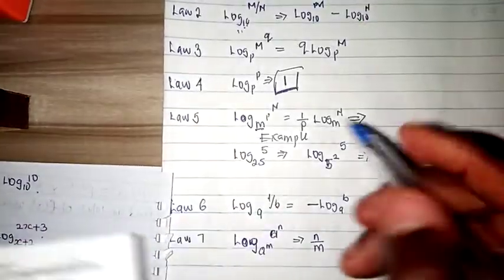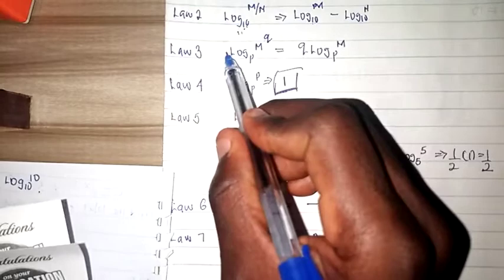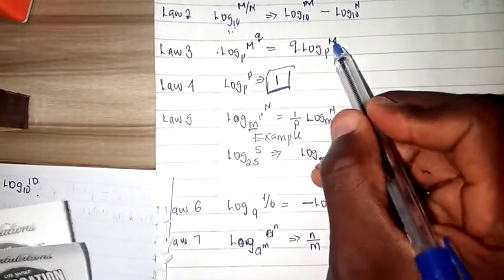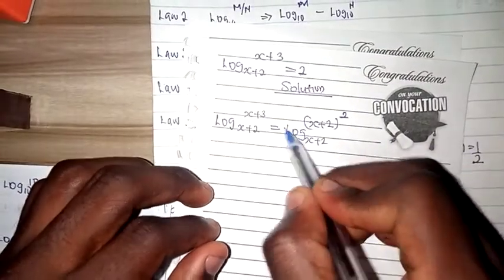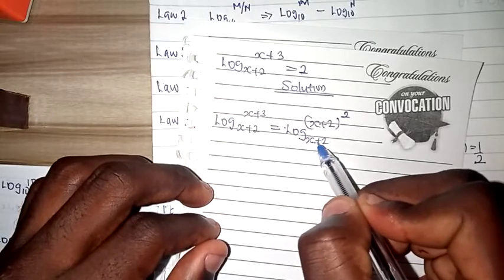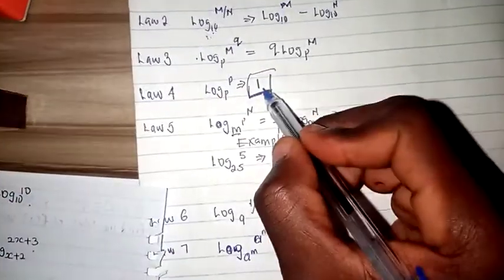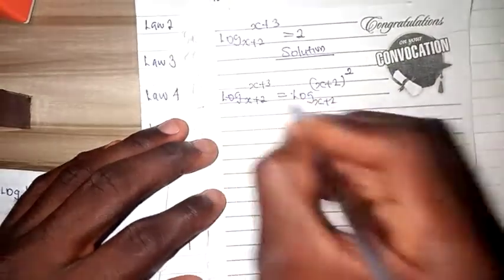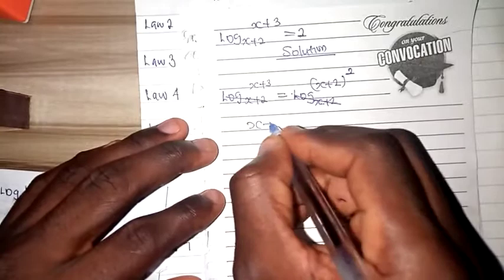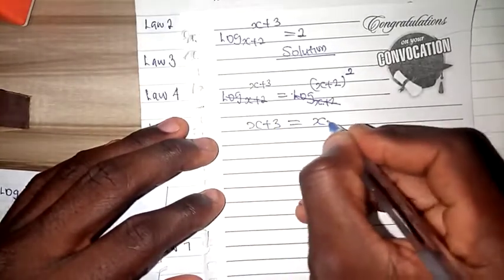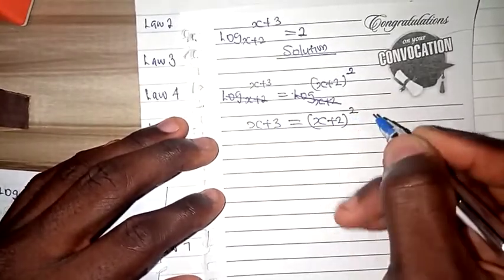Why? Remember this law. If this power should come down, I will have what? When these two come down, I will have log x plus 2 base x plus 2. And when you have that, it will result to 1. So this can cancel this. We have x plus 3 equal to x plus 2 raised to power 2.